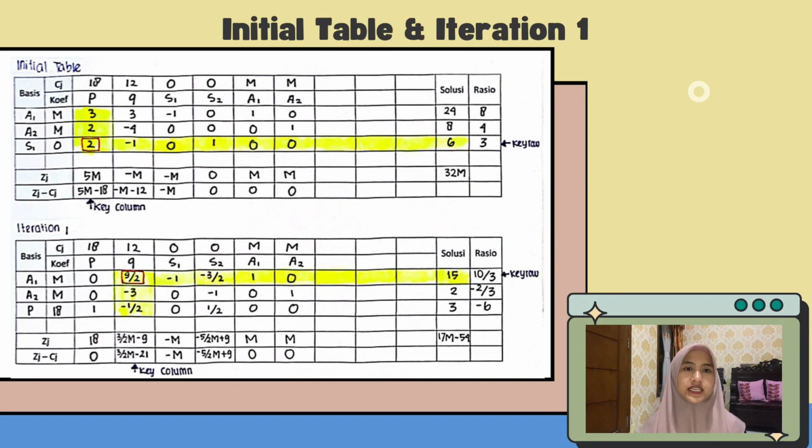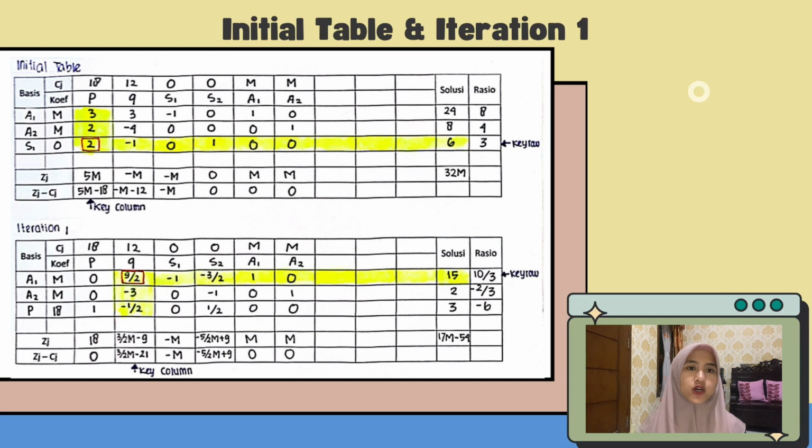In this first iteration table, we operate the same as the initial iteration table, but the base and coefficient that become the key row are replaced with the key column base. So S1 is replaced with P and 0 is replaced with 18. Then the row containing the key cell is changed to the number 1, so that the row is multiplied by half.